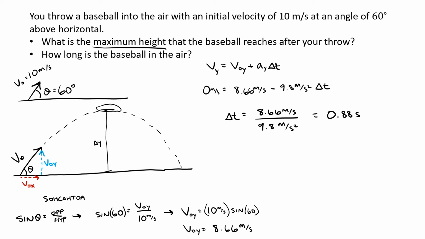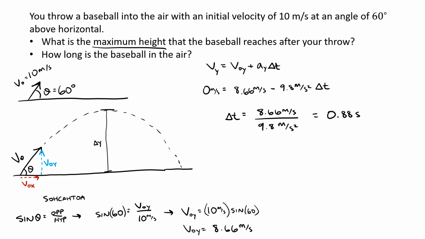Okay, we are almost there. We have the final and initial velocity. We have acceleration. We have time. We now have everything we need to solve for the displacement, its height.